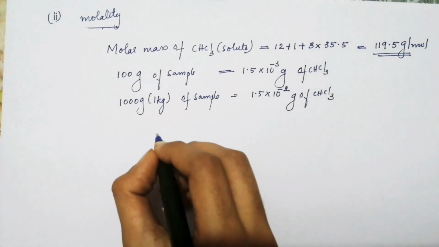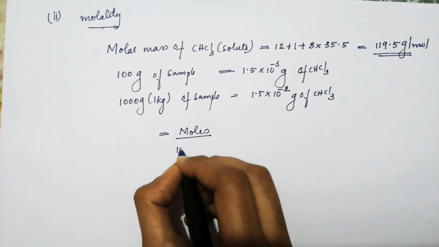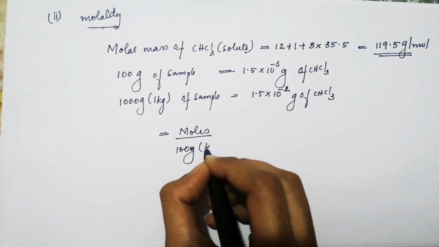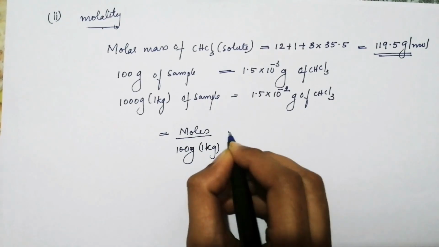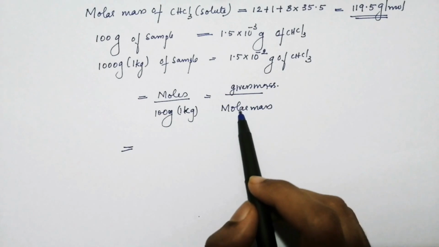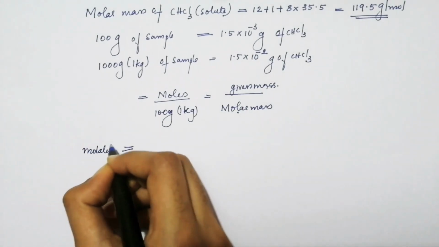Now we know that molality is the number of moles of the solute upon 1000 gram or 1 kilogram of the solvent. We can say the number of moles is given mass by molar mass. So now let us calculate the molality.